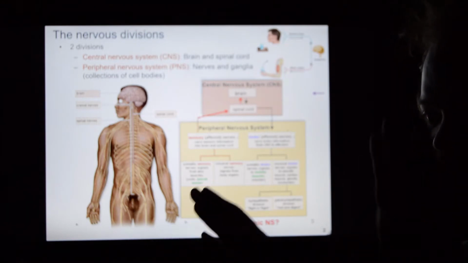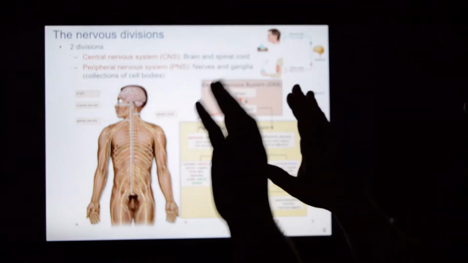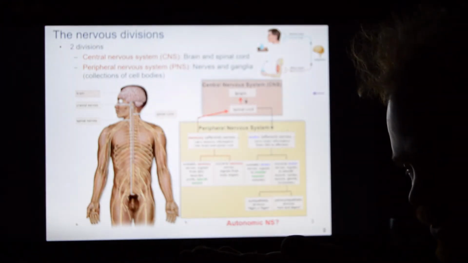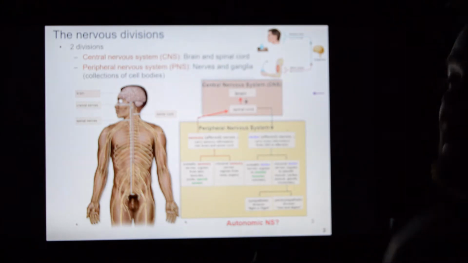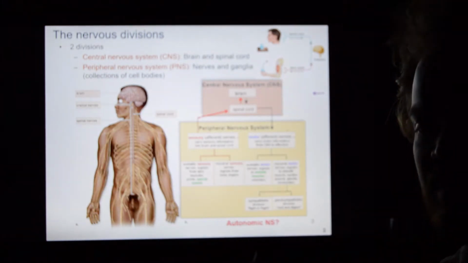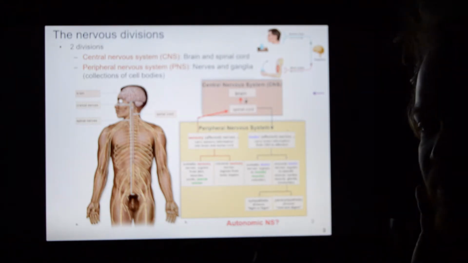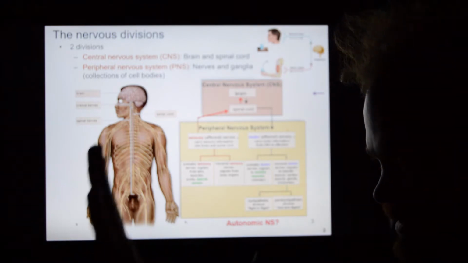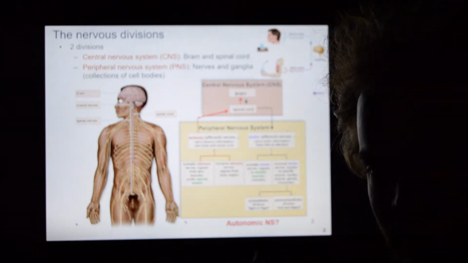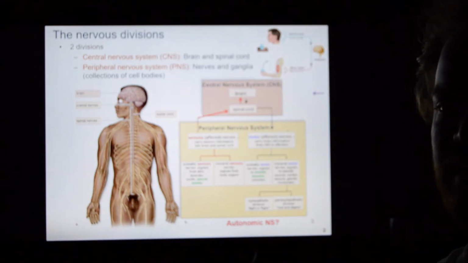They are always working with one another to raise your heart rate if you get up to walk around the room, or to drop your heart rate if you sit down and relax, to increase or decrease gastric motility, to increase or decrease general metabolic rate. These two divisions typically work against one another to keep you homeostatically balanced.